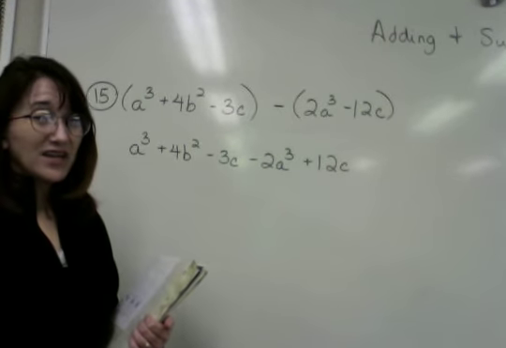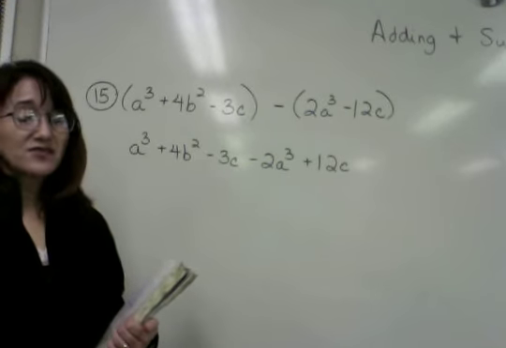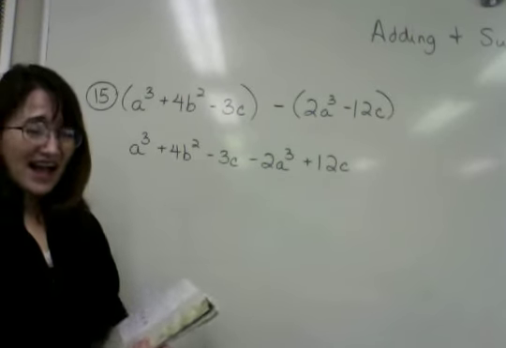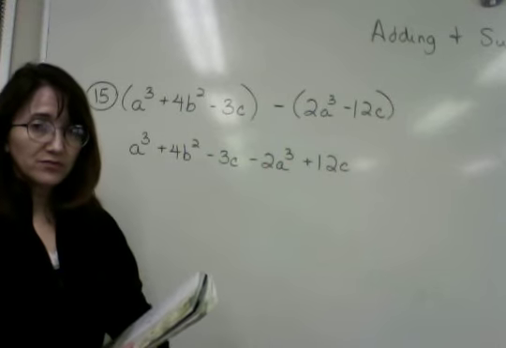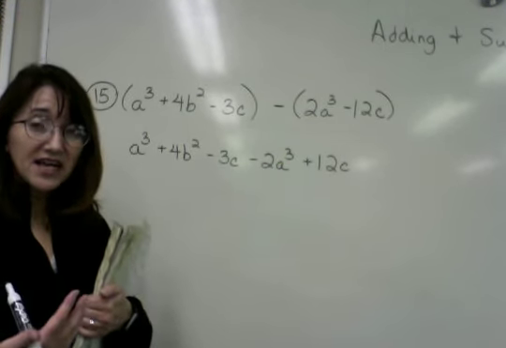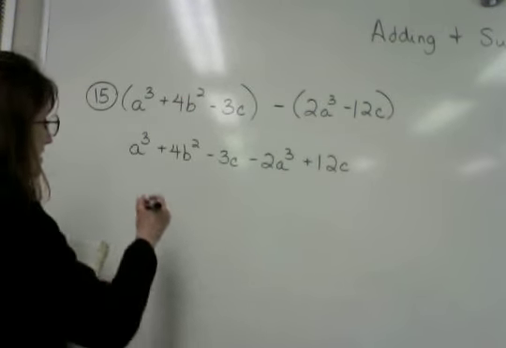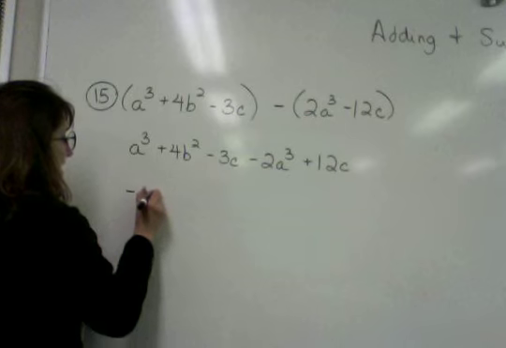When I add that little 1 right in front of here, it's basically me having a 1 and then adding a negative 2. So I subtract and then take the sign of my larger absolute value number, which would be the 2, and that's going to make it a negative a cubed.